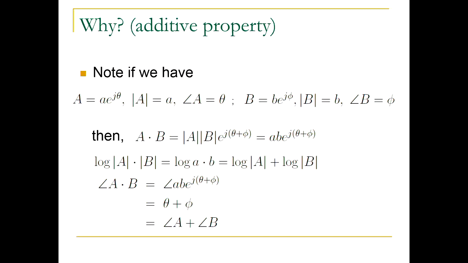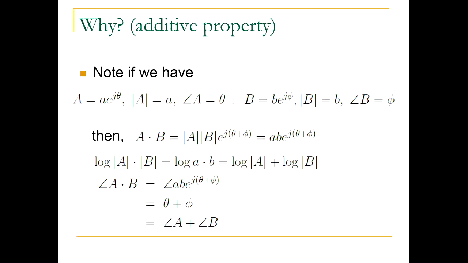So what does this mean? If I have two transfer functions and I know what the Bode diagrams are of these two transfer functions, then the transfer function consisting of the product of the two simple transfer functions is basically a graphical sum of the two simple Bode diagrams. So I have a simple Bode diagram of one transfer function, a simple Bode diagram of another transfer function, and I can graphically add them to get the Bode diagram of their product.